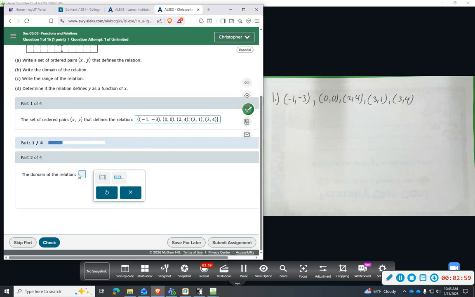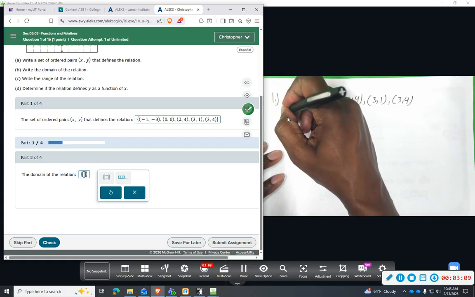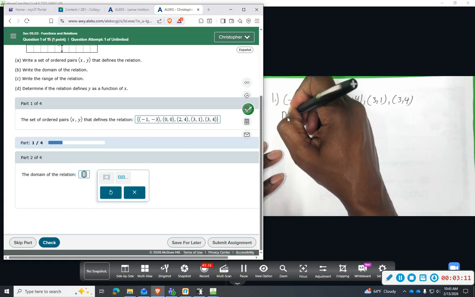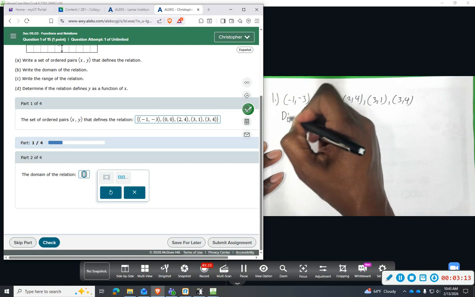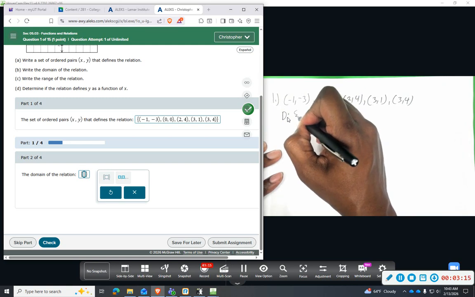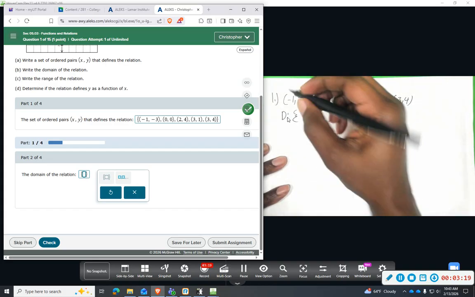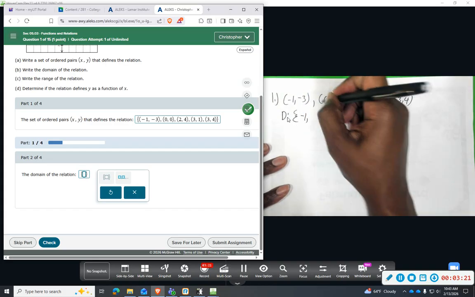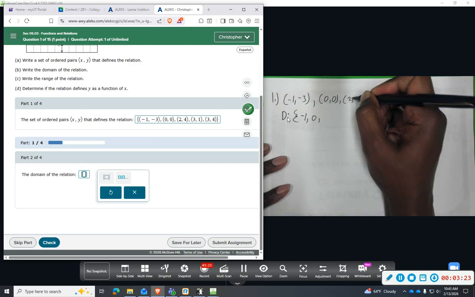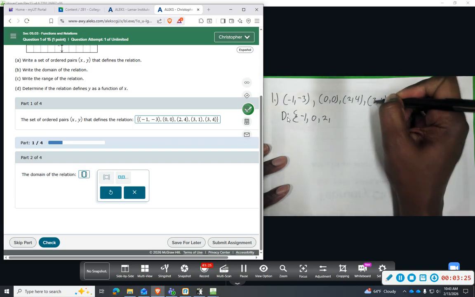The domain, okay, we're going to list that as a set. So the domain is referring to the x values only, the first coordinate. So usually when I'm writing domain, I'll write a D with colon and curly bracket. I'm going to list all of the first coordinate values. So -1, 0, 2, 3.